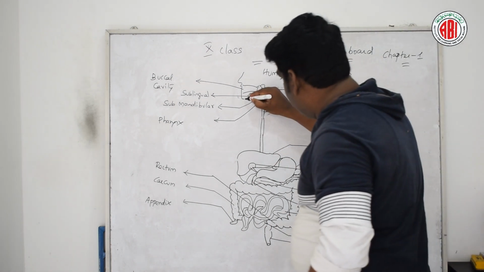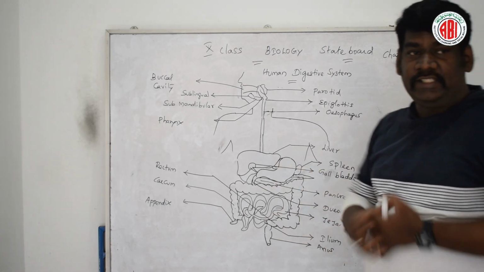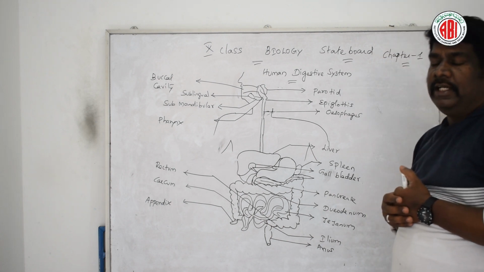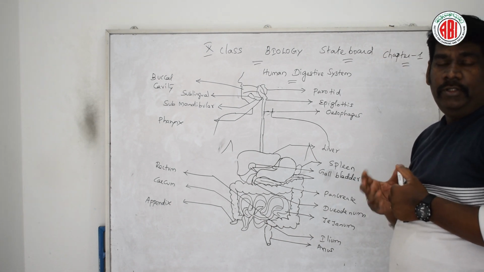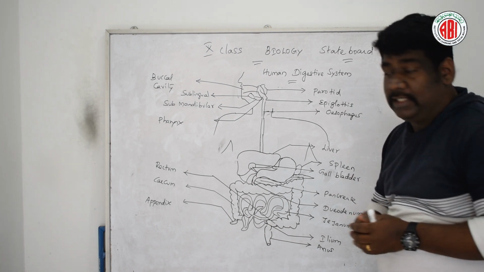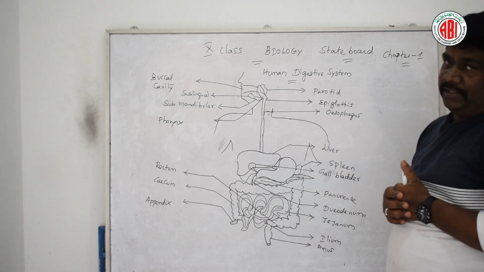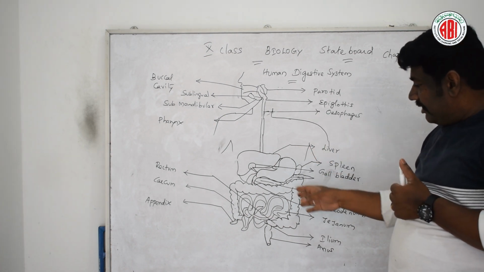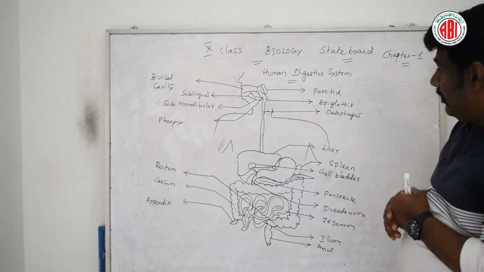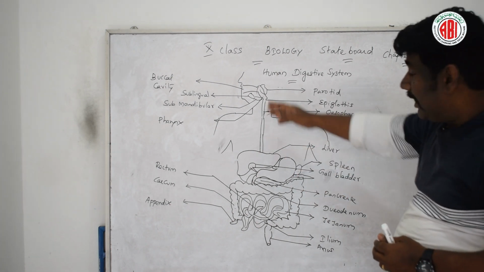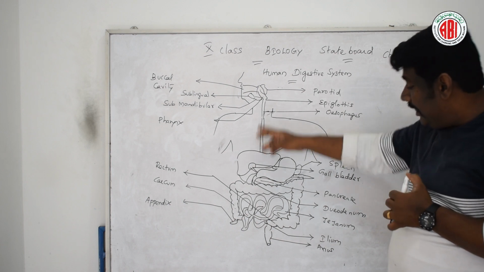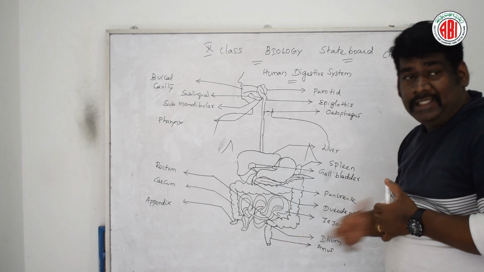In this diagram, first of all we should know the basic and most important organs involved in human digestion. It starts from the buccal cavity and ends at the small narrow opening called the anus.